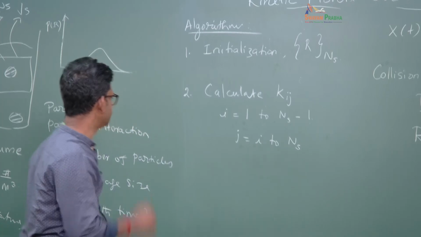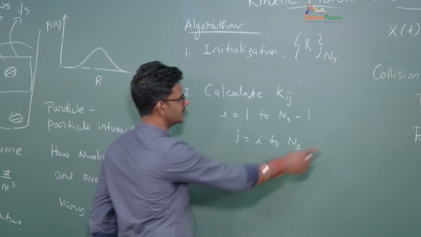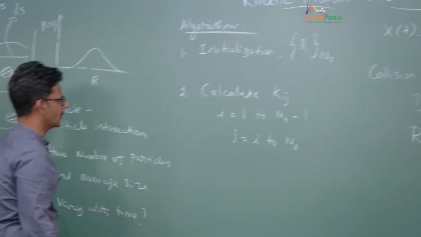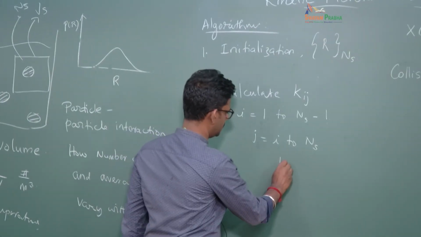So what you will do is apply these formulas, and then you will calculate Kij.